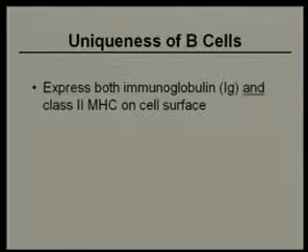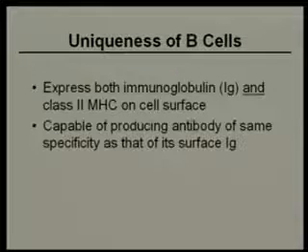B cells are a very unique cell in that they express both immunoglobulin receptors and class 2 MHC molecules. They're capable of producing antibodies with the same specificity as what's found on their surface Ig.